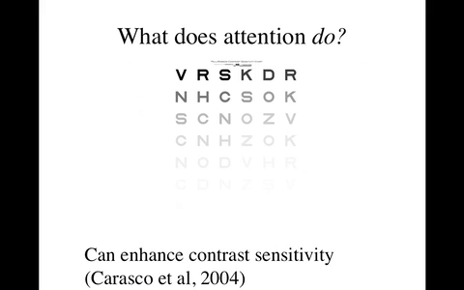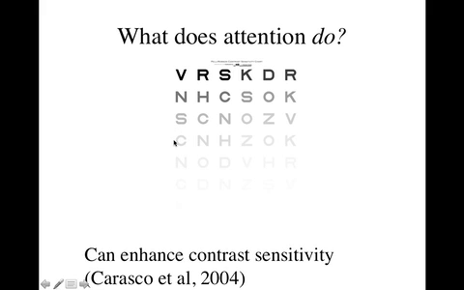What does attention do? We talked about some evidence that attention can actually enhance contrast sensitivity. Things actually look like they have higher contrast when you're paying attention to them than when you're not. Carrasco et al. showed this in a controlled experimental environment, showing that the appearance of items that are being paid attention to actually has higher contrast. And higher contrast in this example is just the fact that as things are going lower and lower, they're getting reduced contrast.